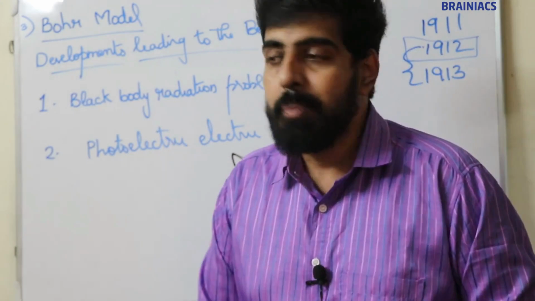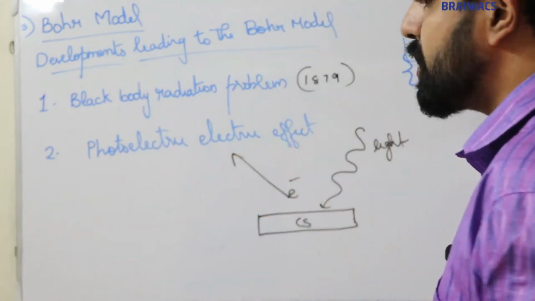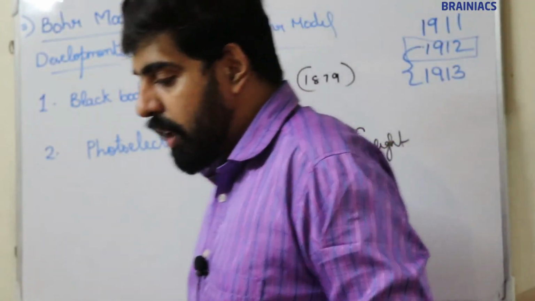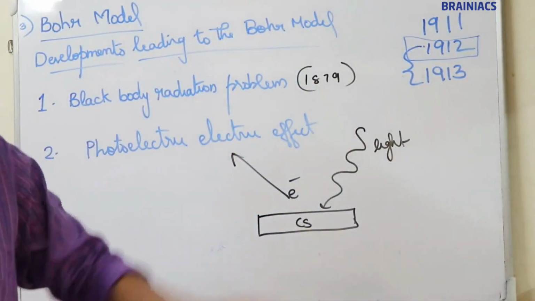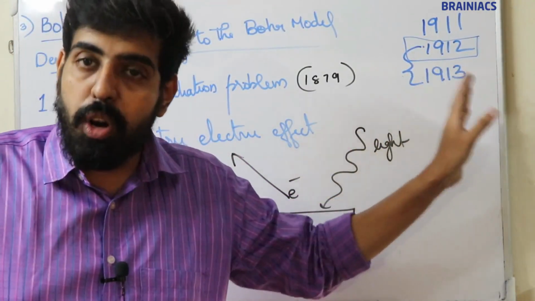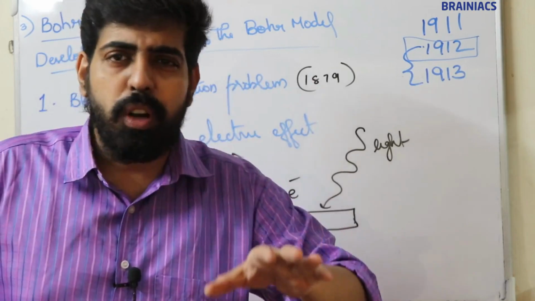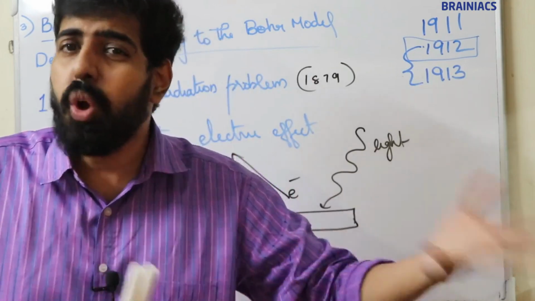I'll explain once more. The Rutherford model was proposed in the year 1911. After 2 years, in the year 1913, the Bohr model was proposed. We know that the Rutherford model had some drawbacks.